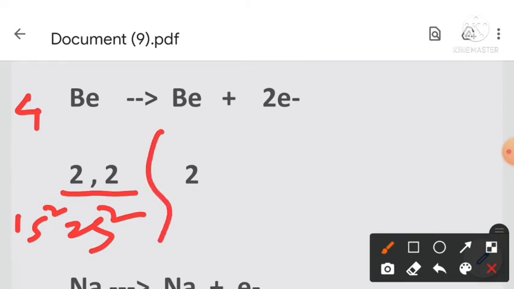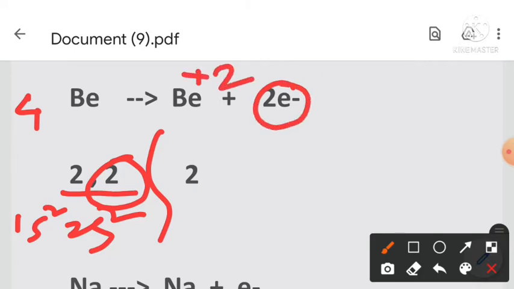Its outermost shell has 2 electrons, and when it loses these 2 electrons it becomes a +2 charged beryllium ion.